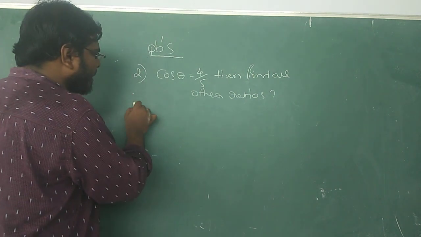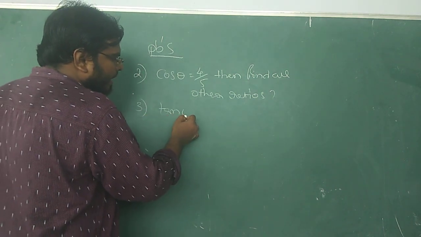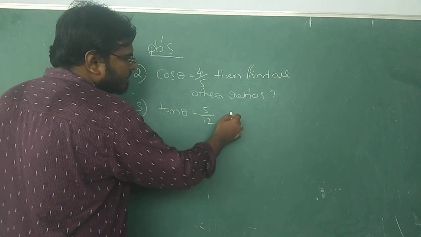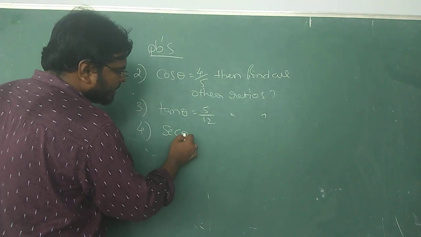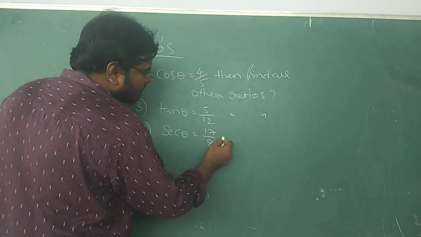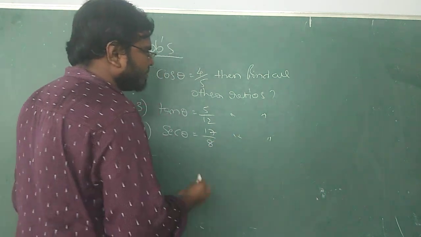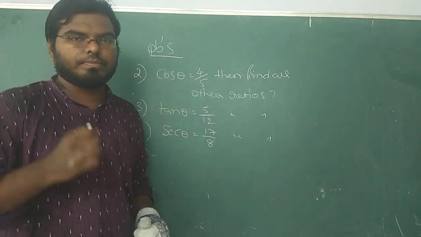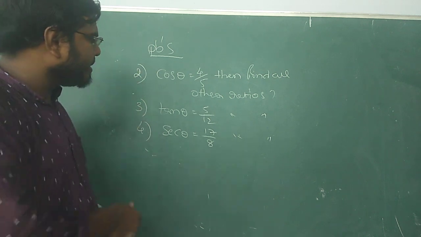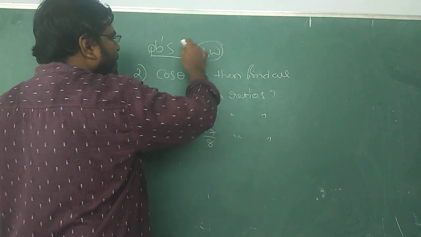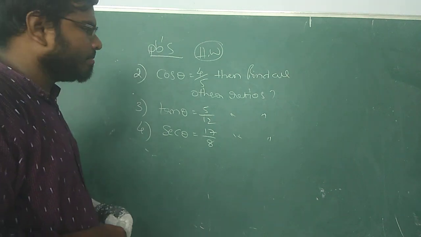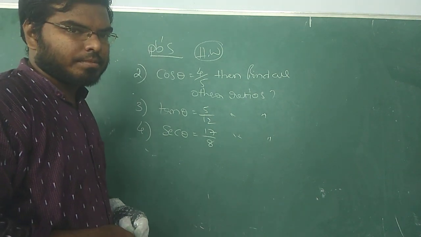Third one, tan theta is equal to 5 by 12, then find all other ratios. Fourth, sec theta is equal to something, then find all other ratios. Try all these problems. Take the screenshot and do the homework. If you have any doubt, once again repeat it. Okay. Completed now.